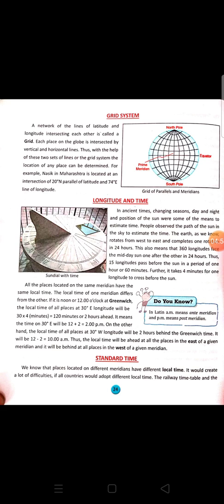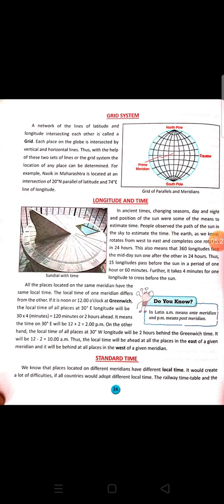It means the time at 30 degrees east will be 12 plus 2, equal to 2 p.m. On the other hand, the local time of all places at 30 degrees west longitude will be 2 hours behind Greenwich time. It will be 12 minus 2, 10 a.m. Thus, the local time will be ahead at all places to the east of the given meridian and behind at places to the west of the given meridian.